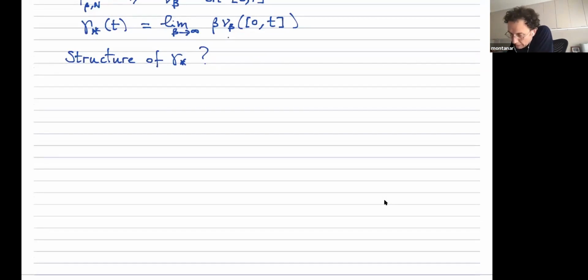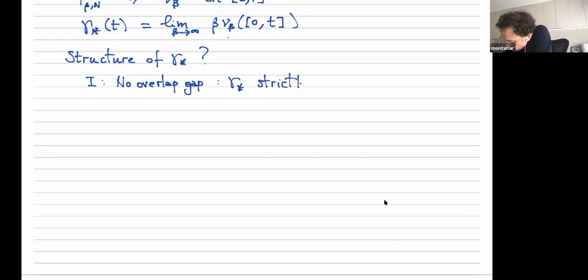Possibility number one is what we call no overlap gap. This will mean that gamma star is strictly increasing on 0, 1.